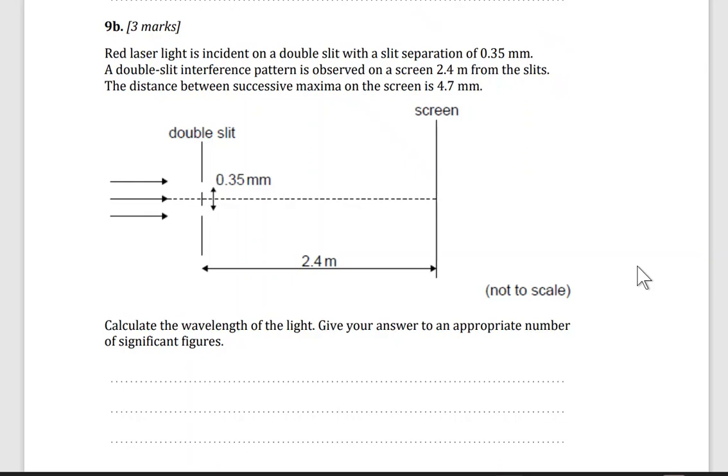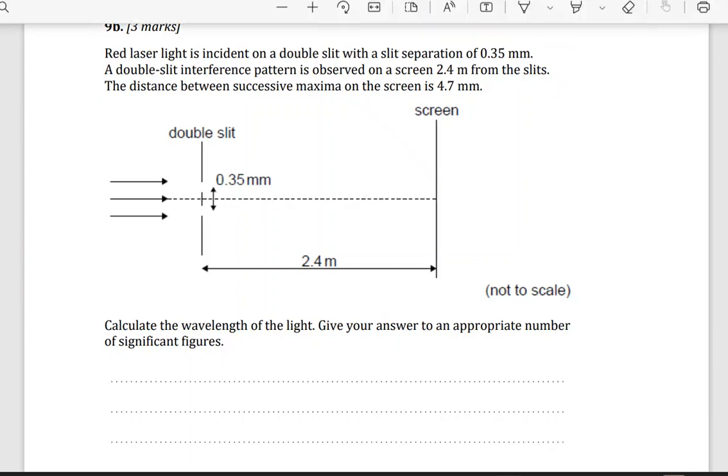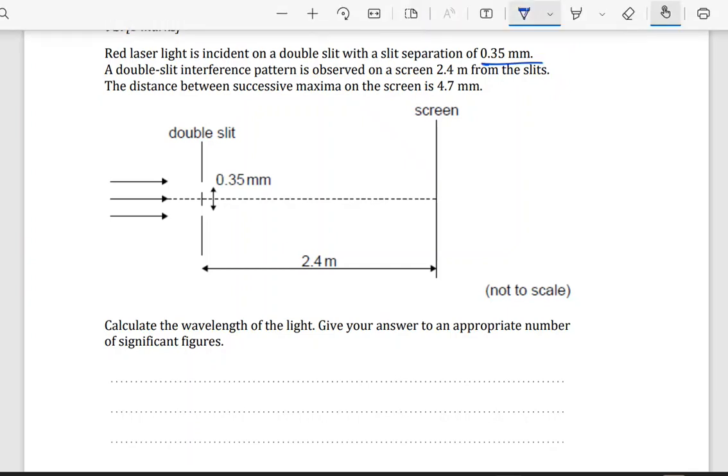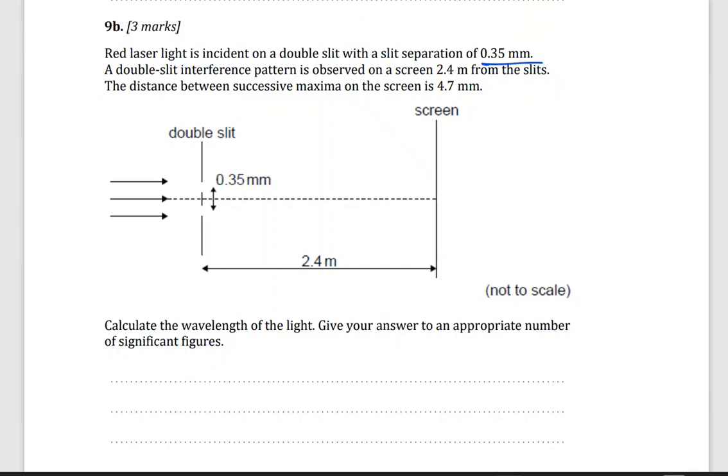Now the question: red laser light is incident on a double slit. Separation is 0.35 millimeters. So this is small d, the separation between the two slits.